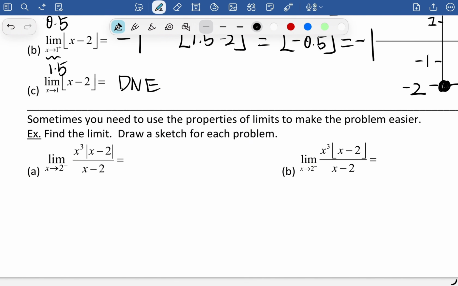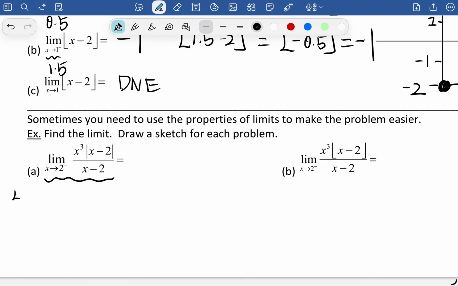Let's look at these two examples. How do we solve this? We can solve it by using limit properties, by splitting them up.